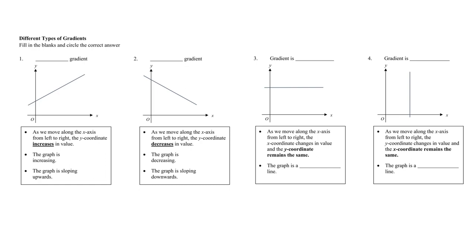Now that we know that the gradient is a measure of the steepness of a slope, and that there are different slopes, it means that there are different types of gradient. There are basically these four types of gradient that we are interested in. I'm going to zoom in one by one.